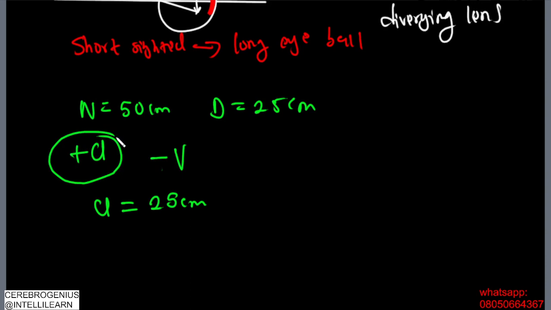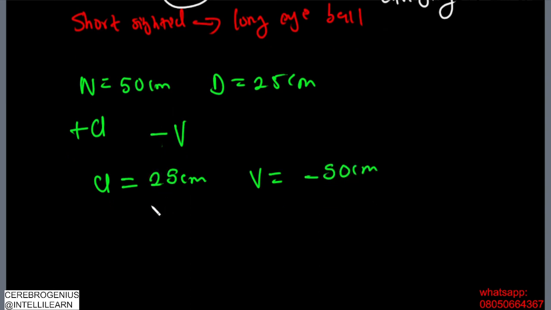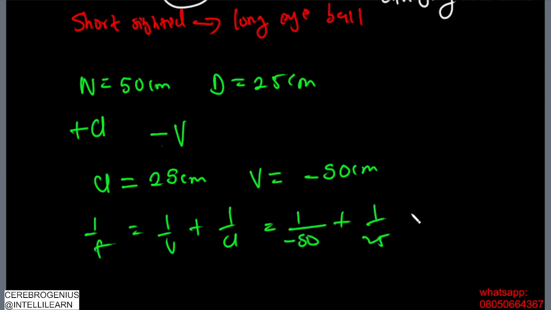You always have a positive object, but the image is the one that is a virtual image. So then we need it to form an image at 50 centimeter, but it's a virtual image, so you say minus 50 centimeter. So you now say 1 over f is 1 over v plus 1 over u. So this will be 1 over minus 50 plus 1 over 25.